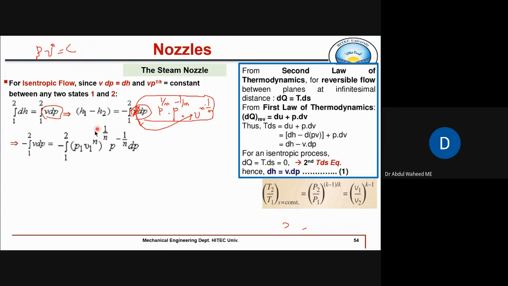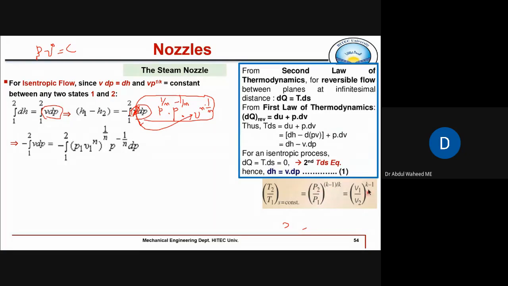So from here till here, it is also okay mathematically. P to the power minus 1 over n into dP is separated. These two have been separated. 1 over n is whole power 1 over n, and inside P into V to the power n. Now PV to the power n for an isentropic flow, that is from this equation: P1 V1 to the power k is equal to P2 V2 to the power k and so on.